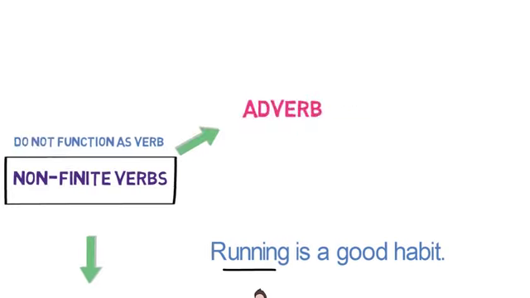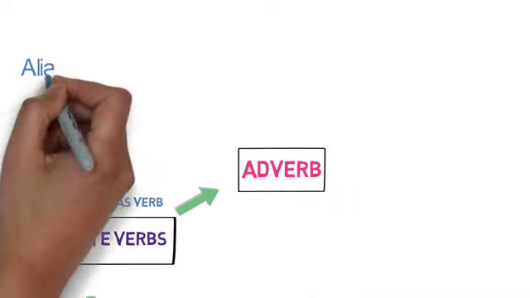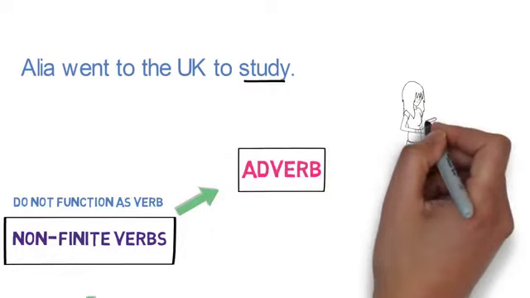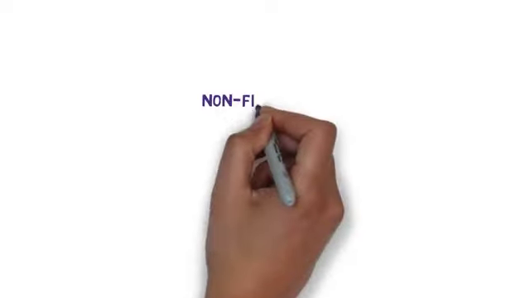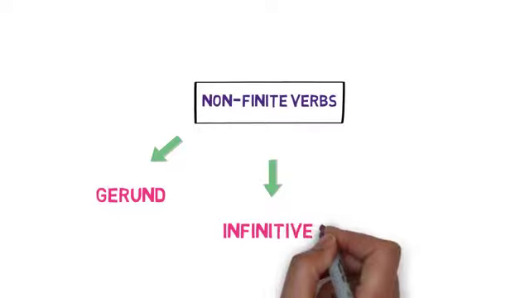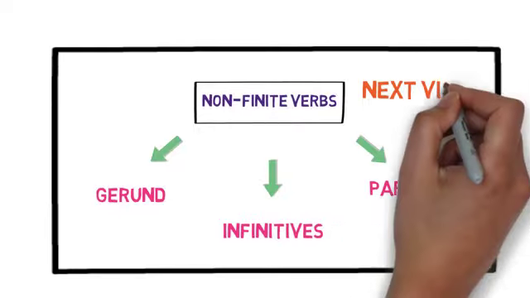Now let's understand how they function as an adverb with an example. Alia went to UK to study. Here, study functions as an adverb in the sentence. Non-finite verbs are further divided into three types: gerund, infinitives and participles. We will discuss them in our next video.